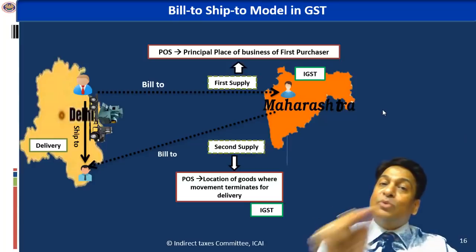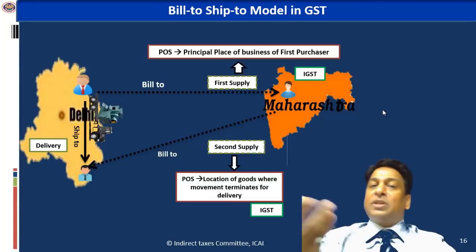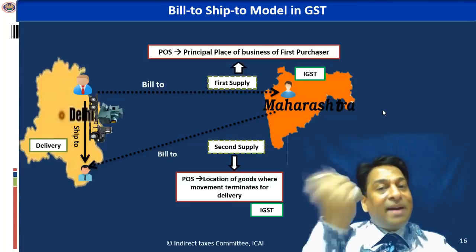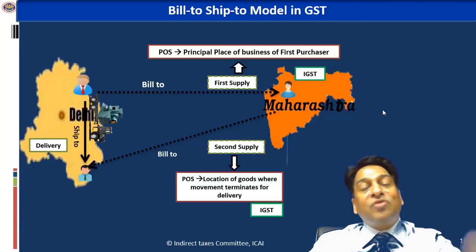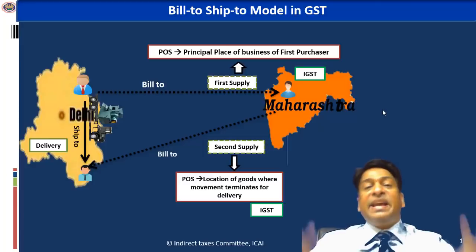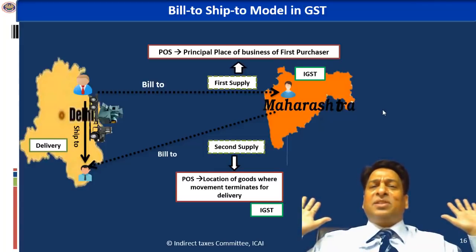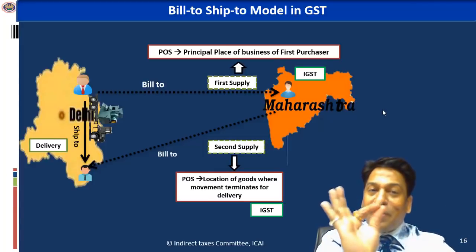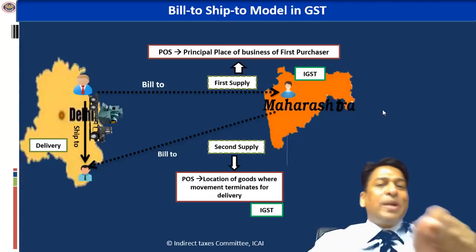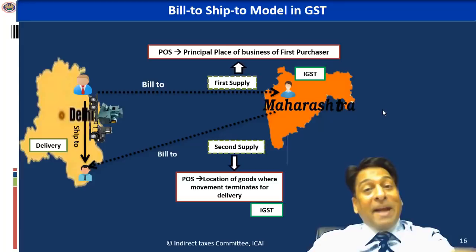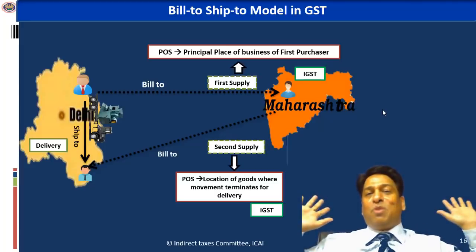Now B to C: the location of supplier B is in Maharashtra, but the place of supply, where the delivery terminates, is again Delhi. IGST, interstate, and the same beauty of the SGST component of IGST accruing to the state of Delhi by this bill-to-ship-to model.